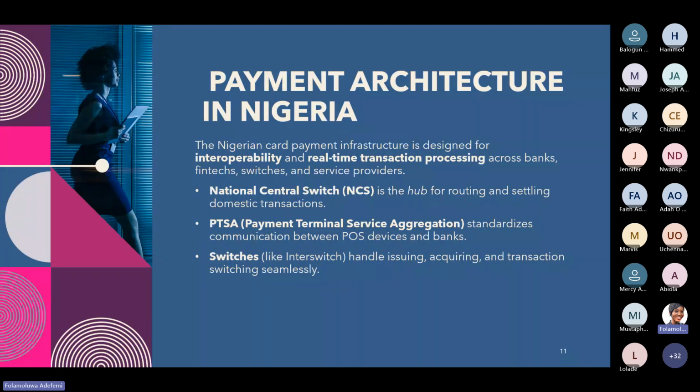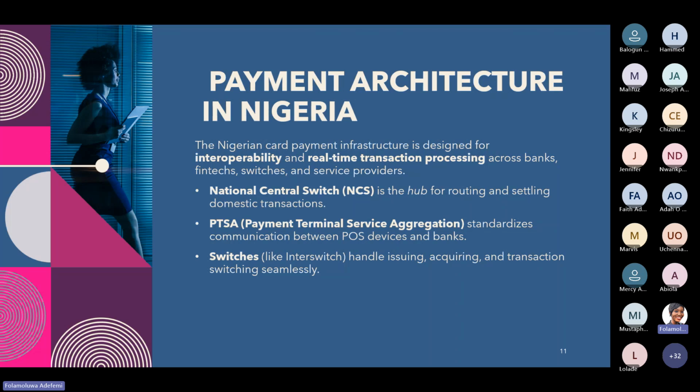Like I mentioned, these are three of the major entities that make this happen. We have our national central switch, which is the hub for routing and settling domestic transactions. So that's like our national switch, the central guy. We also have PTSAs. Those are payment terminal service aggregators, and they standardize communications between devices and banks.